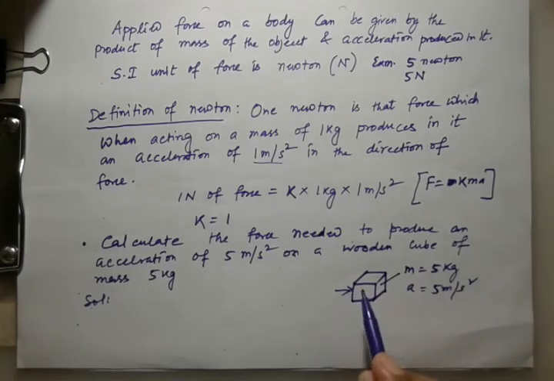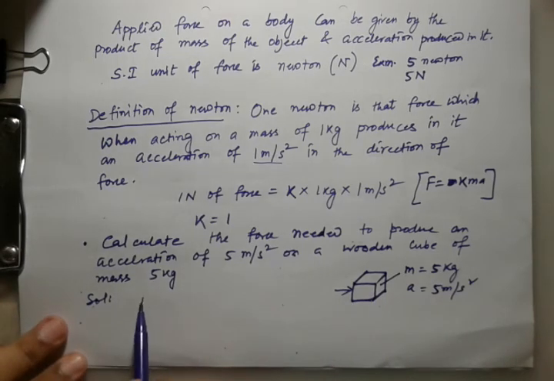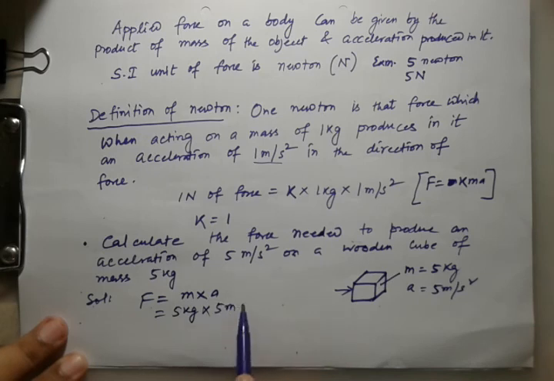Simply use the law: F is equal to m into a. Put the values: 5 kg into 5 meter per second square. We get 25 kg meter per second square, which is also called 25 newton.